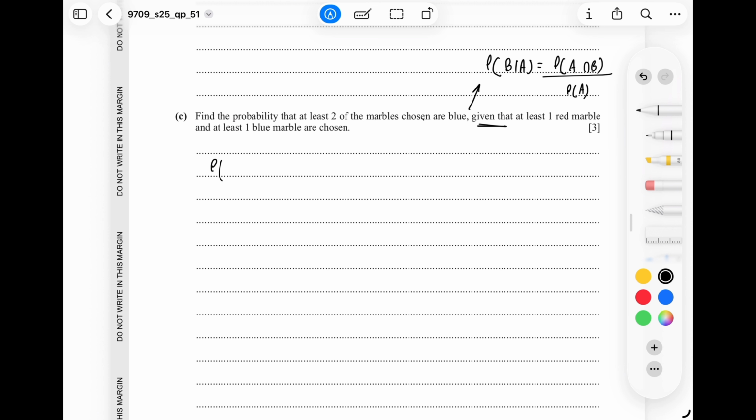At least 2 marbles are blue, so blue is greater than or equal to 2, given that at least 1 red and at least 1 blue are chosen.